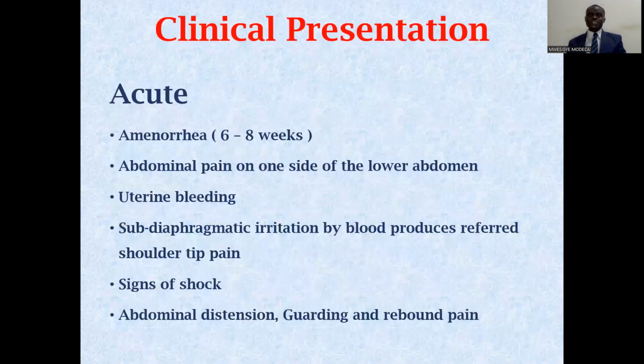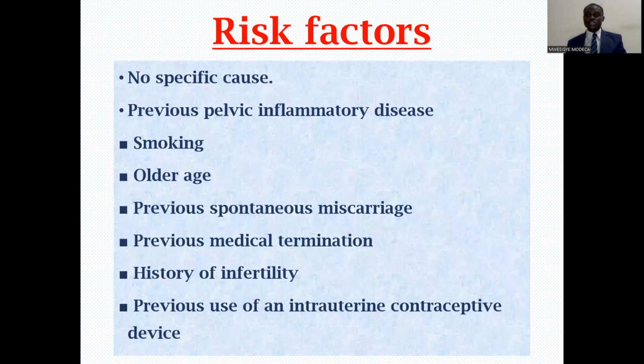So what are the risk factors for someone to develop ectopic pregnancy? Since we know that there is no specific cause, we look at different things that can lead to ectopic pregnancy, like previous pelvic inflammatory disease, where we have organs in the pelvic region getting inflamed.